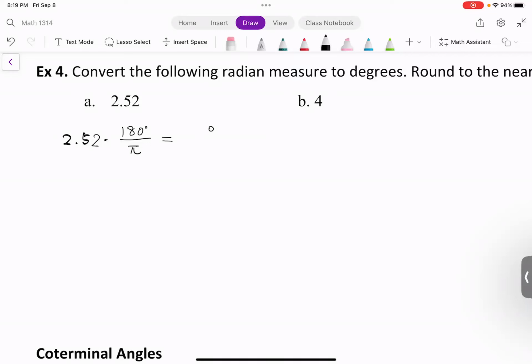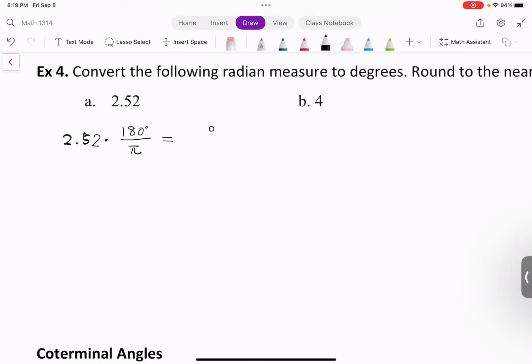Pi is a number that equals 3.1415 something. So you can find it on your calculator without inputting 3.1415 something.